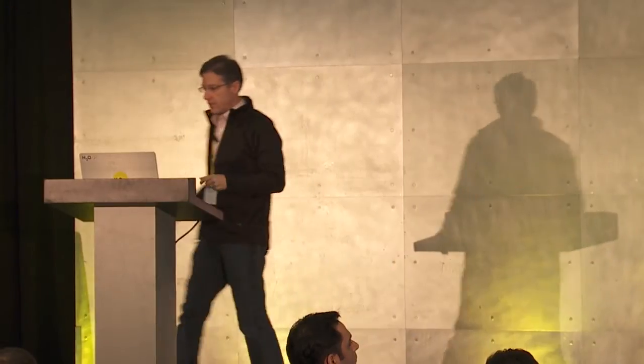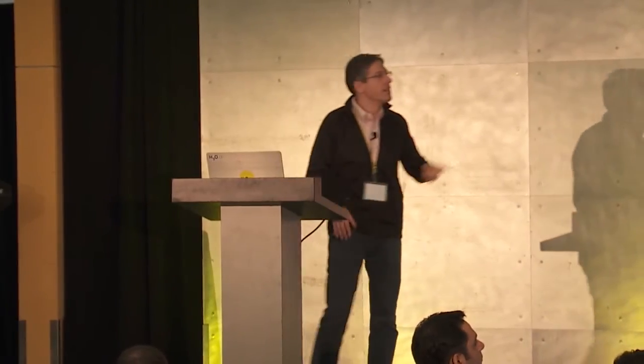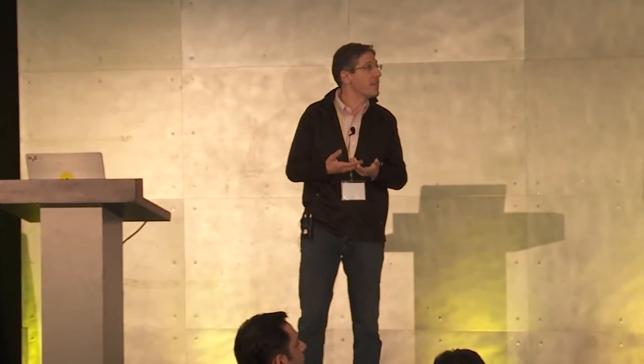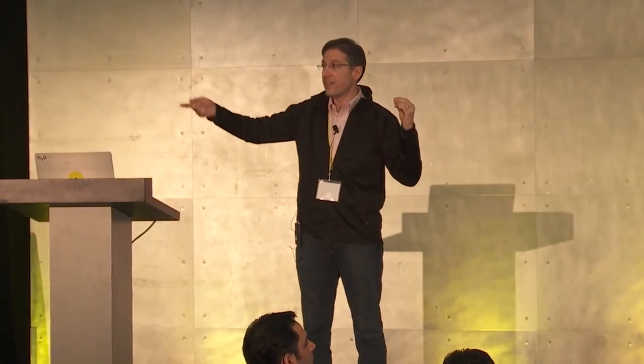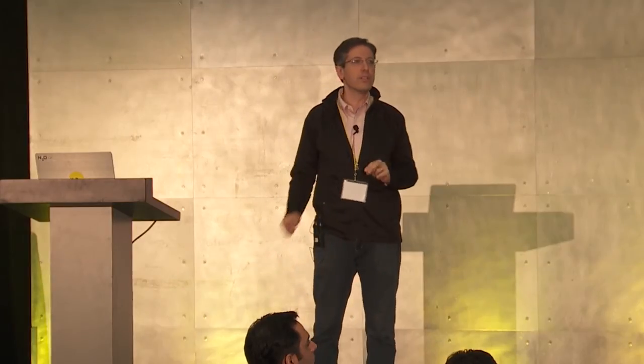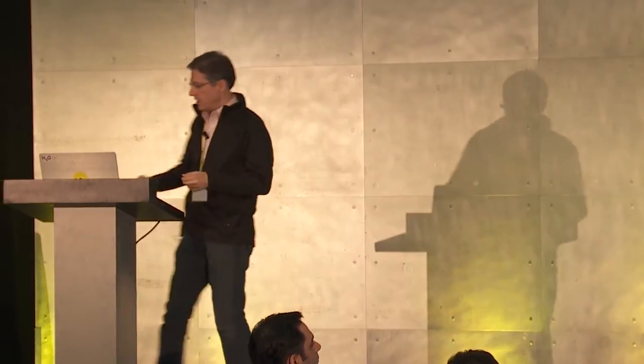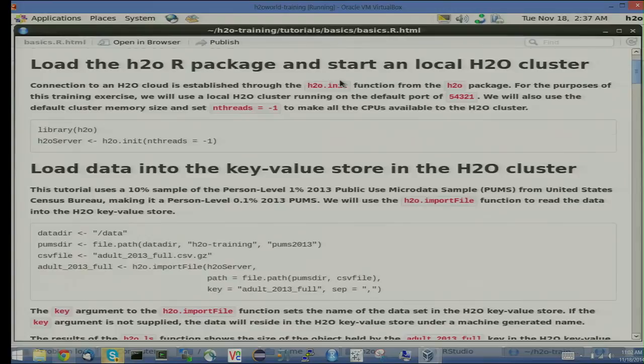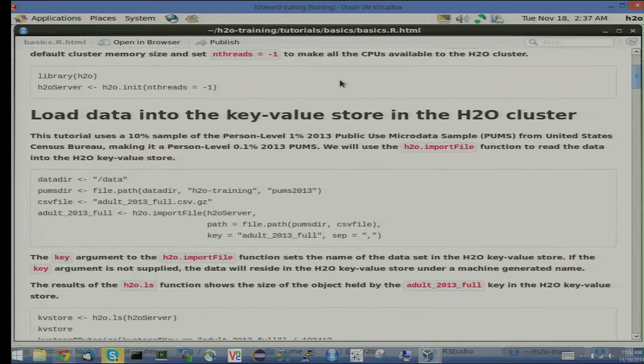We're going to start a cluster. If a cluster had already been started, the h2o.init command, if I provide it with an IP address and a port, will connect to an already up and running H2O cluster. Here, when I do it this way, it's going to start one locally.